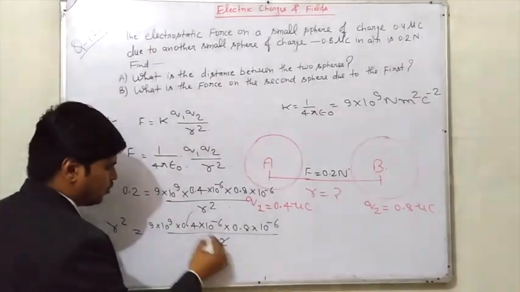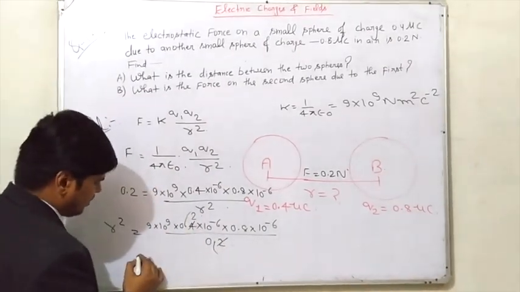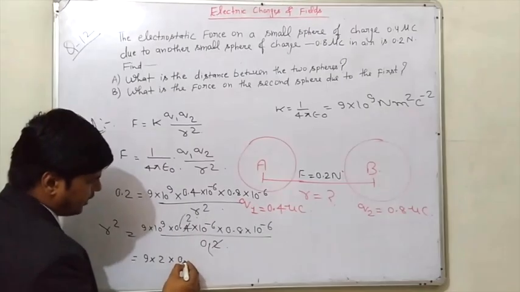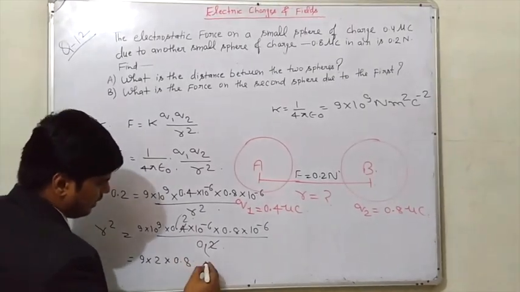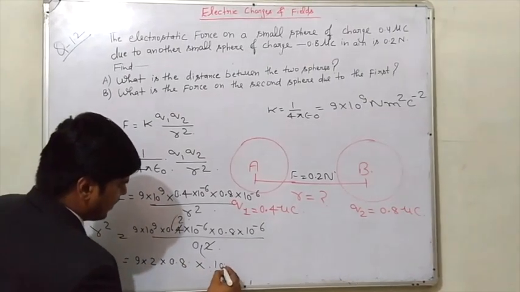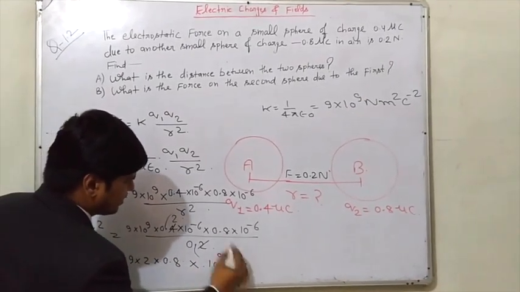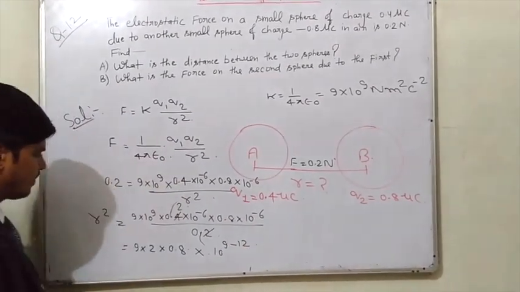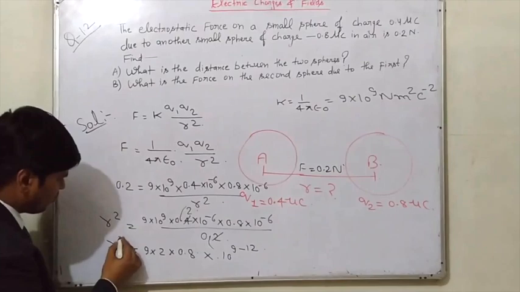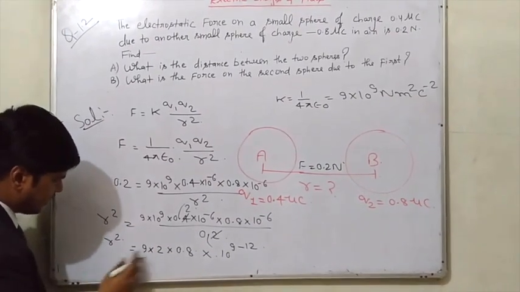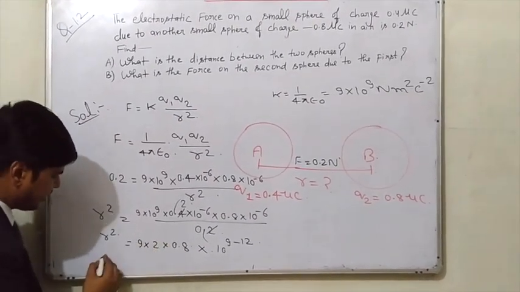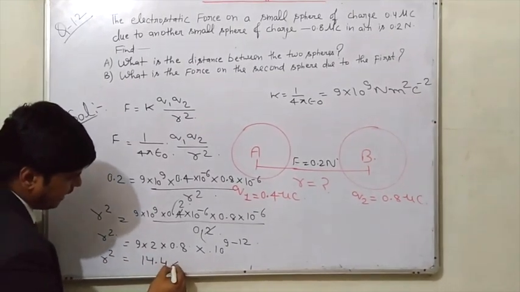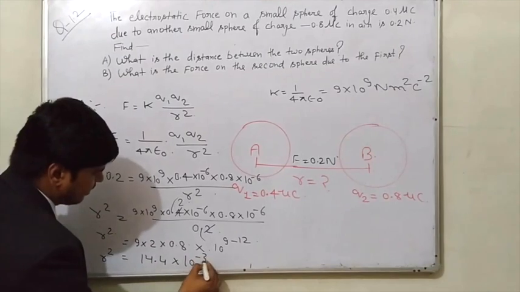Cancel out, 2 to the 4, then 9 into 2 into 0.8 into 10 to the power 9 minus 12. Then multiplying 9 into 2 into 0.8, we get 14.4 into 10 to the power minus 3.